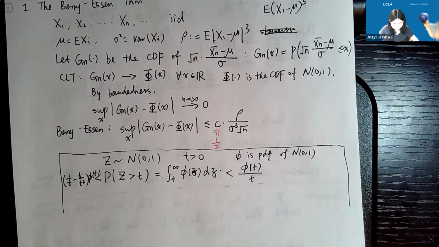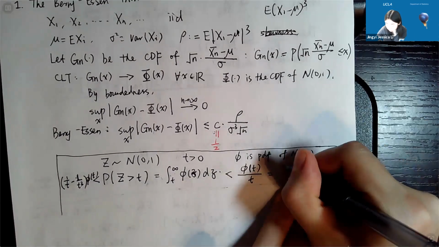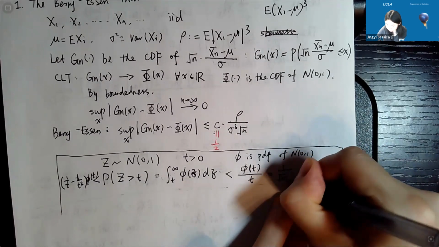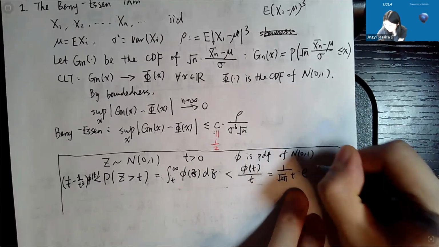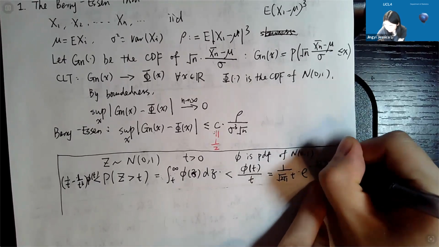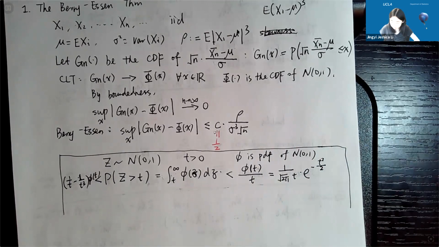Furthermore, the upper bound I can write as 1 over root 2 pi t times exponential of negative t squared over 2. That's why this is quite convenient to use.